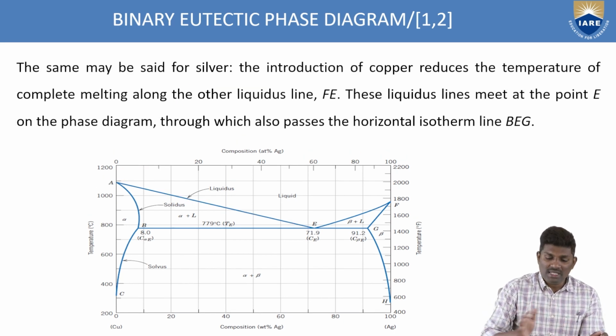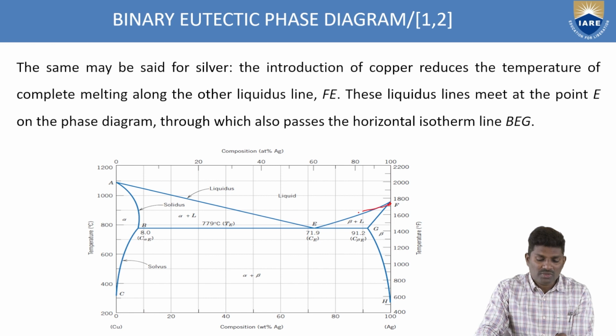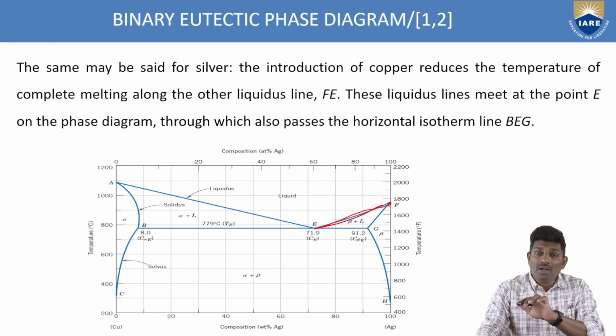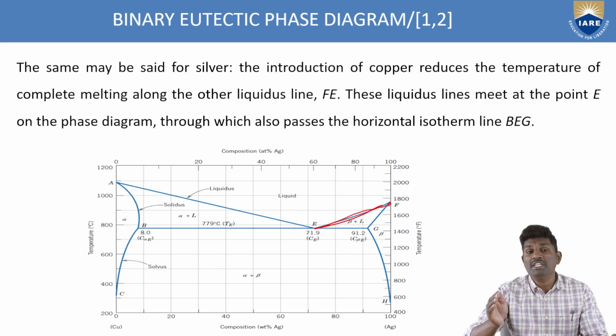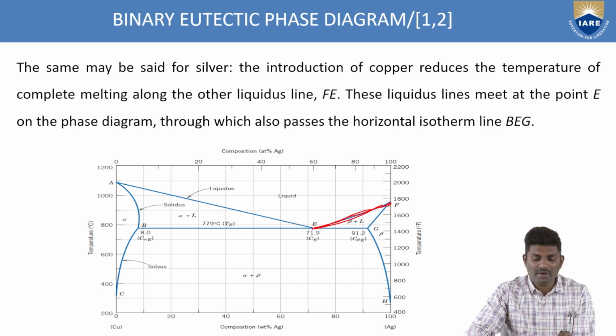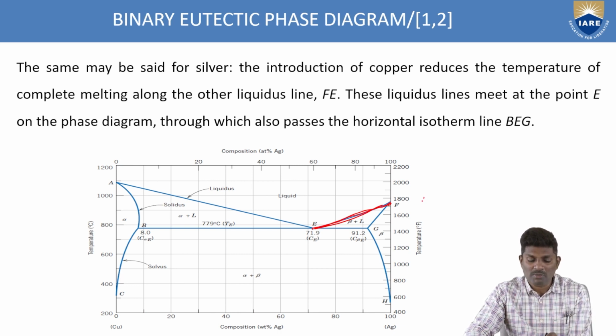Similarly, if you see the line FE, this is exactly the opposite. In the previous case, the copper melting temperature was reduced with the addition of silver. In this case, the silver melting temperature is reduced by the addition of copper, from almost 1780 degrees centigrade to 779 degrees centigrade.